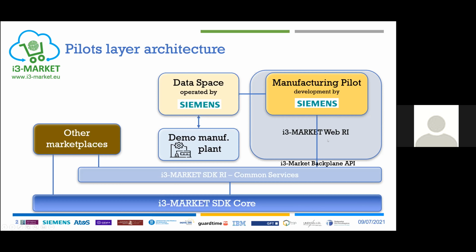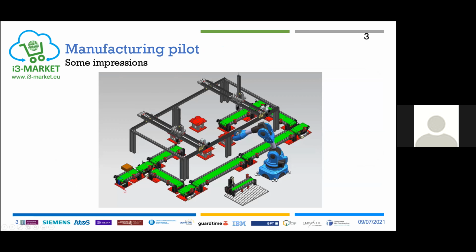So I will give you a quick impression on where the data comes from. What does our manufacturing demo factory look like? So here we have a digital model. So we have a full digital twin of this production facility. It has some conveyor belts. It has a portal crane which transports the goods.